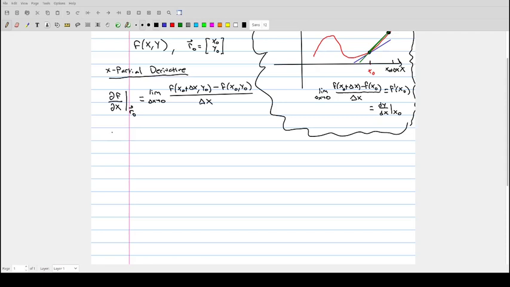What that means is that for a function of 2 variables, we have 2 partial derivatives. We have a partial derivative in the direction of x, and we have a partial derivative in the direction of y.